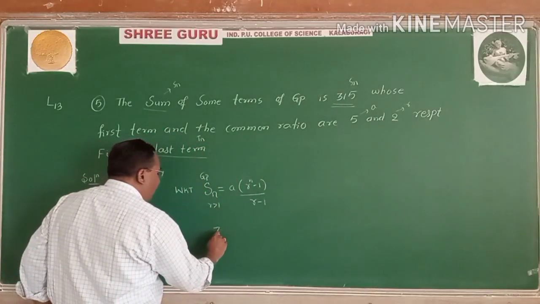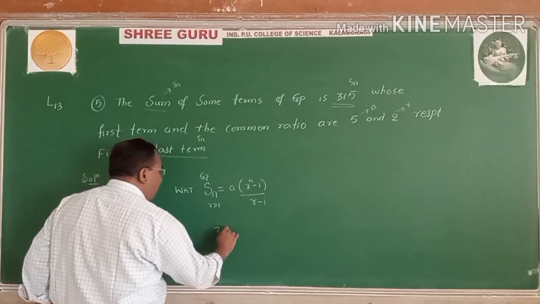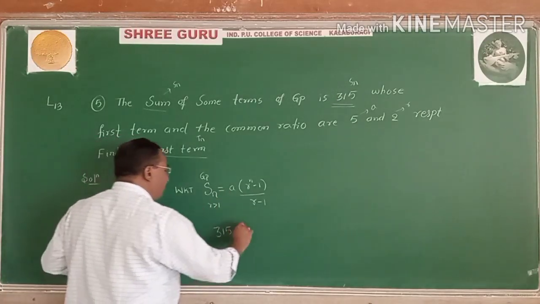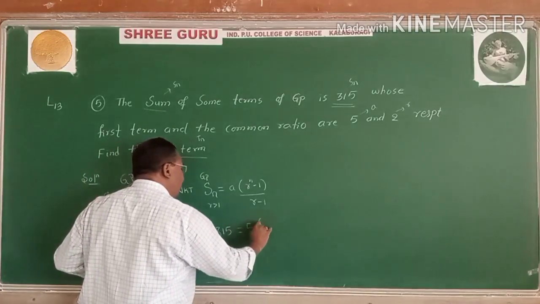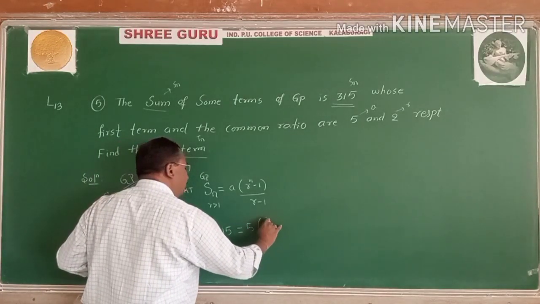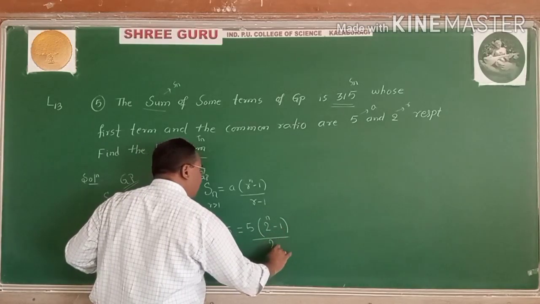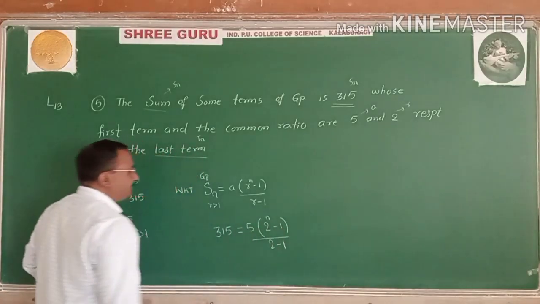Sn, 315 is equal to a, the first term, given as 5, times r, also given as 2, to the power n minus 1, divided by 2 minus 1. 2 minus 1 is 1.